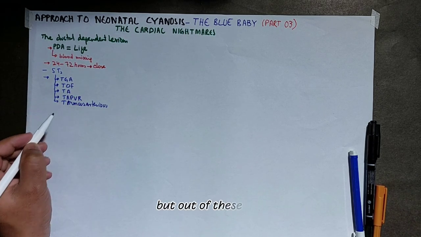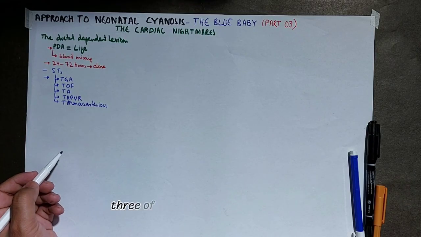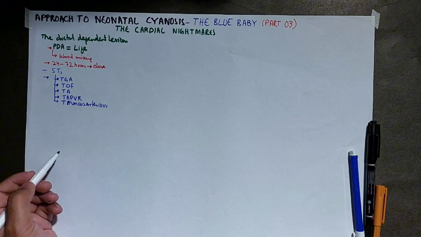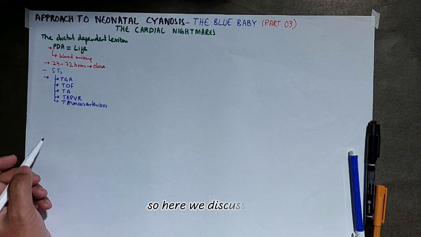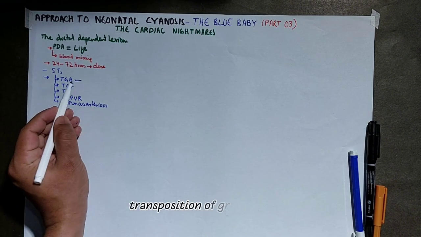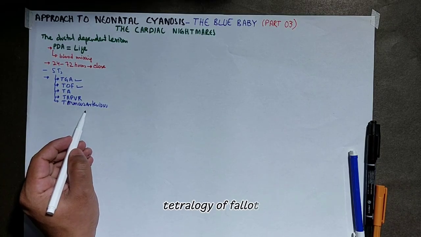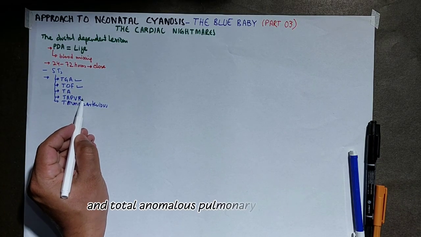But out of these 5, 3 of them will define your boards and your night shifts. So here we discuss only transposition of great arteries, Tetralogy of Fallot, and total anomalous pulmonary venous return.